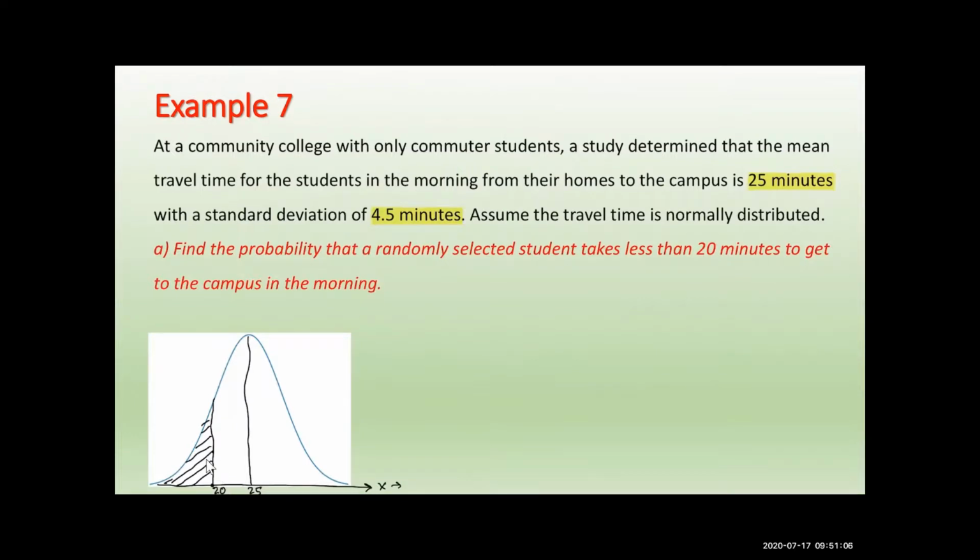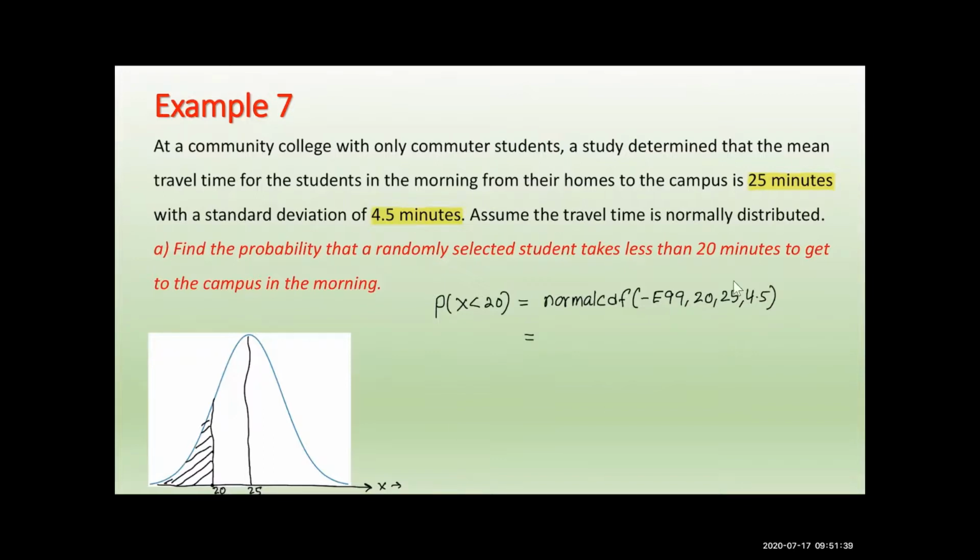In order to find the area, the probability that x is less than 20 minutes is equal to, you do normal CDF in your calculator. The lower limit for this area is negative infinity, so negative E99. The upper value is 20. Mean is 25, and the standard deviation is 4.5.